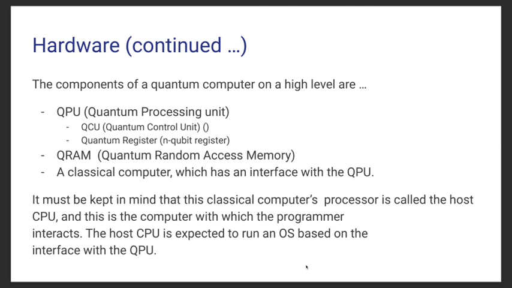The classical computer is called the host computer, and it is used to view the data we are getting out from the quantum computer. Since it has an interface with the quantum computer, we can modify the operating system of the classical computer to work efficiently with the interface of the quantum computer. This is because the data would be received in a whole new format. And saying that, we can conclude the hardware module.